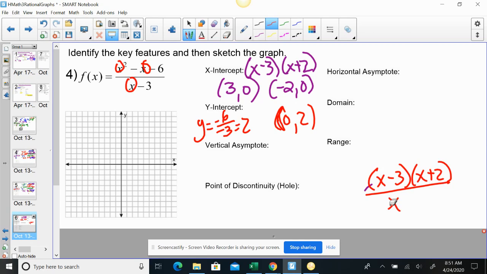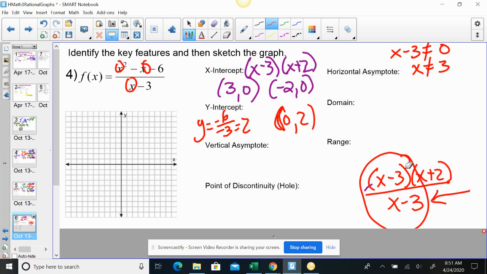Remember, it's only the denominator that really restricts our values. So x minus 3 cannot equal 0, which means x cannot equal 3. That is a common factor, and there's nothing else down there. So I do not have any vertical asymptotes for this one. I only have a hole, and that hole happens at x = 3.